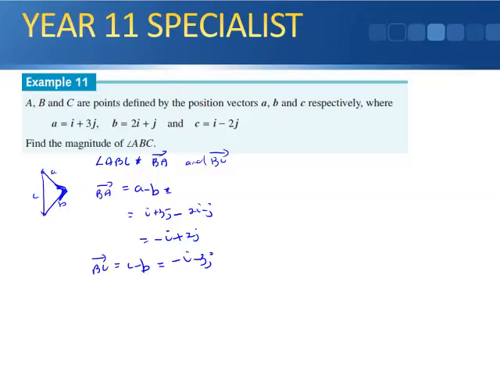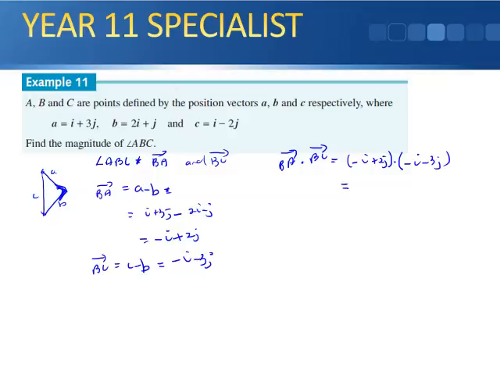Now we're going to apply the rule that they gave us before. BA.BC will equal minus i plus 2j times minus i minus 3j.